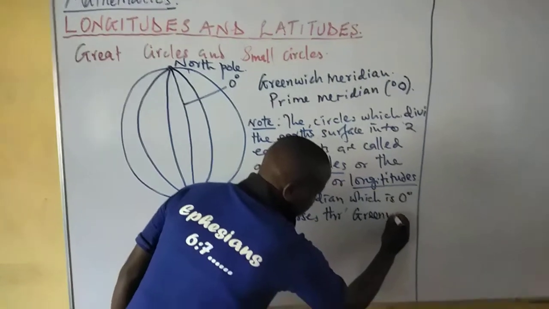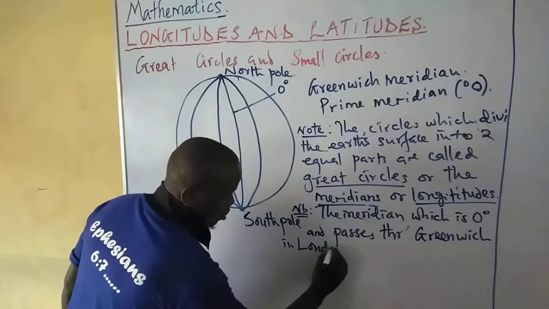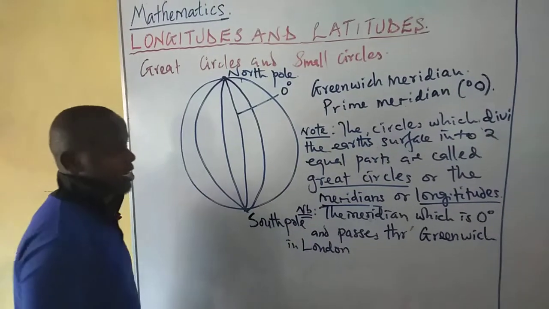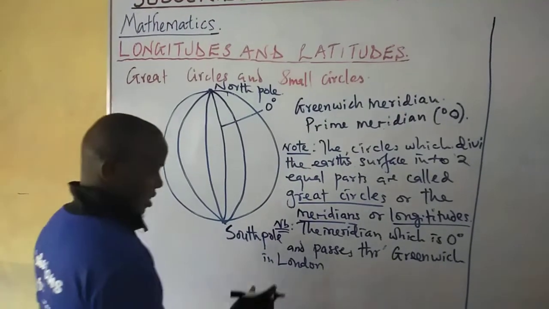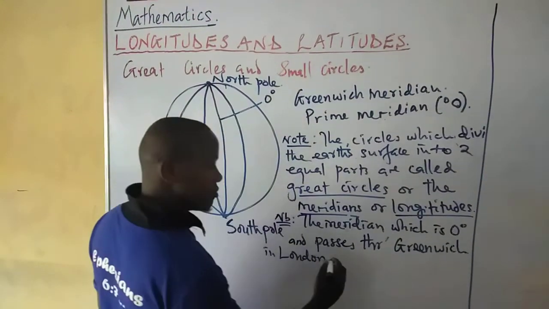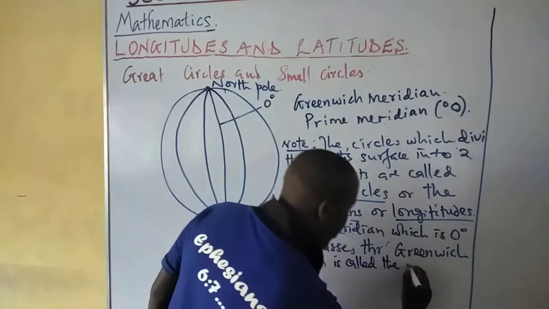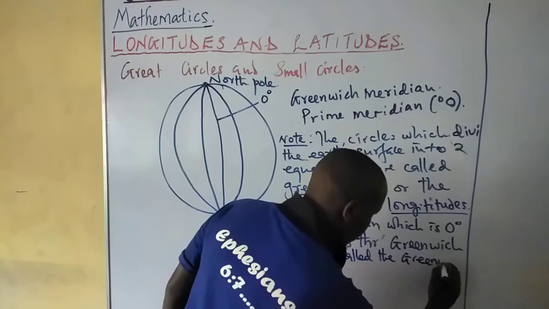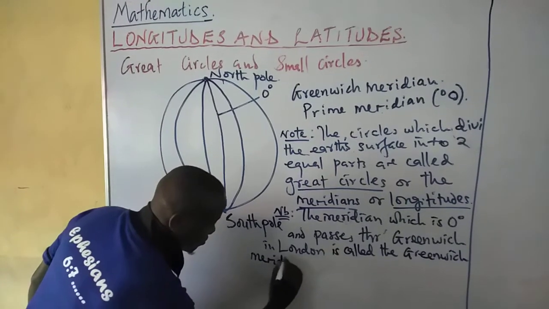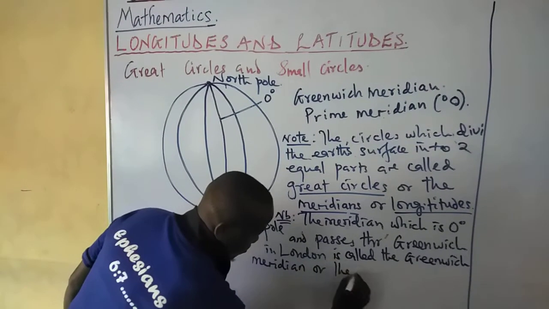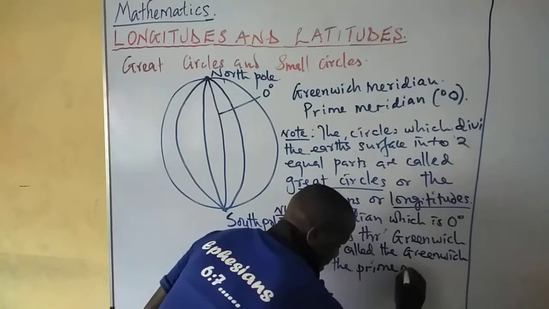Greenwich is a name of a city in London. So the Prime Meridian or Greenwich Meridian is named after this city in London where it passes. Therefore we are saying it is called the Greenwich Meridian, or simply the prime, as we had said, meridian.